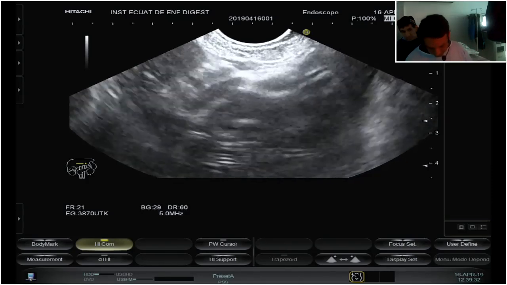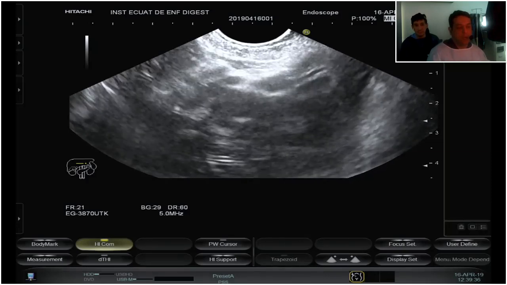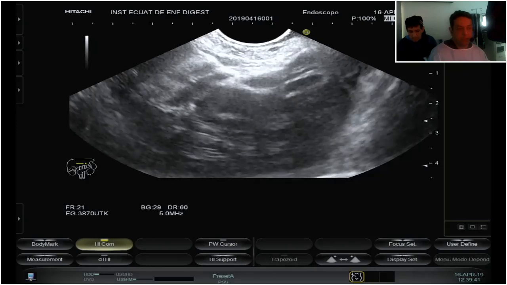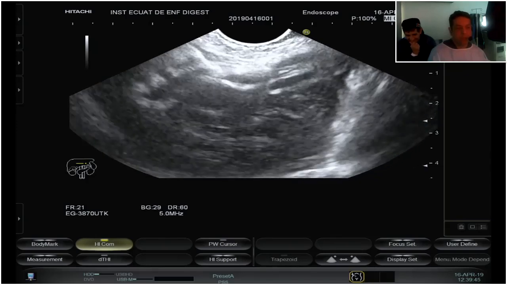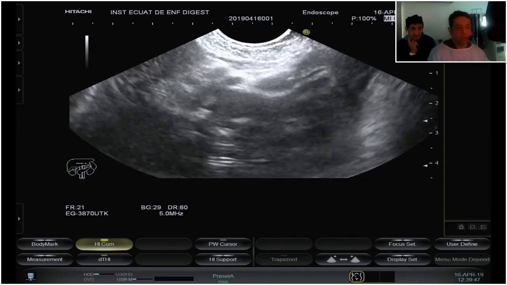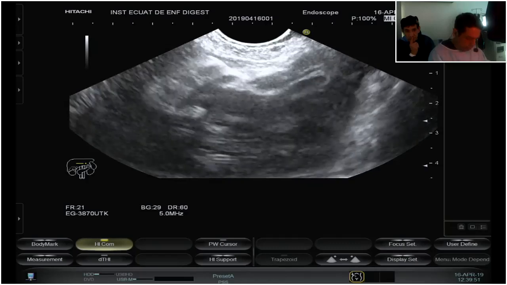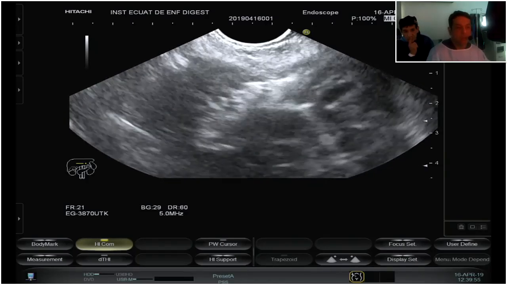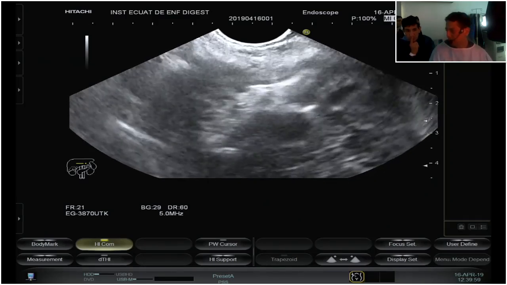The situation with this patient is that she has a cholangio MRI that raises the question about the possibility of stones inside the biliary tract. So what I see and what we'll do: she has a biliary intestinal anastomosis.